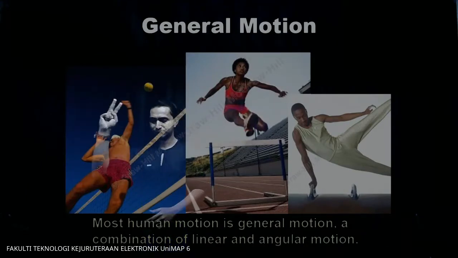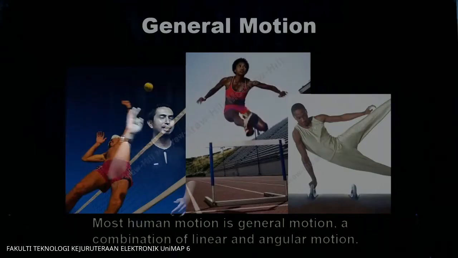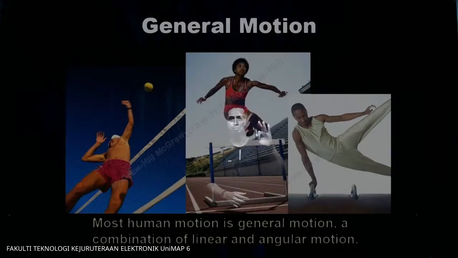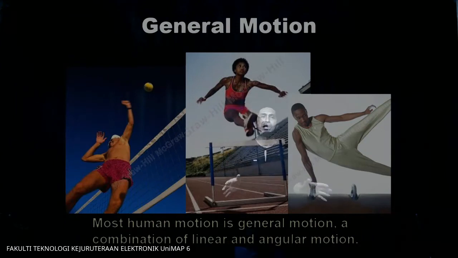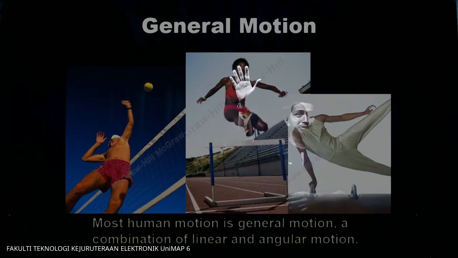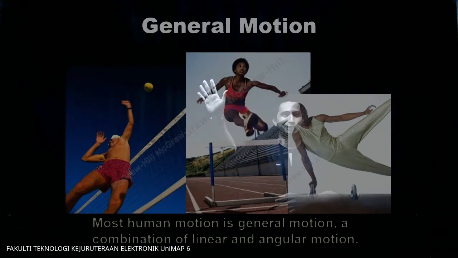The second type of motion is angular motion, and the last one is general motion. General motion is a combination of linear and angular motion. So the types of motion are very easy.